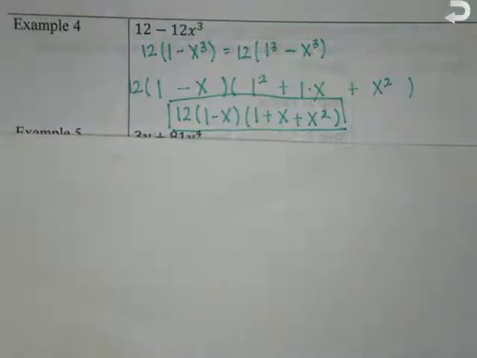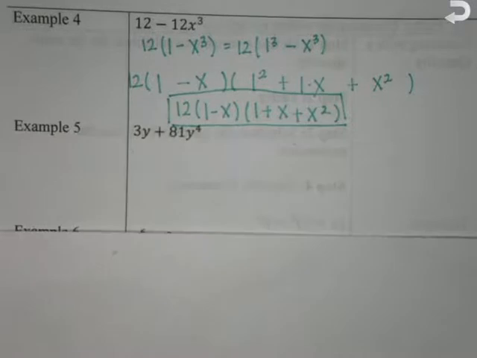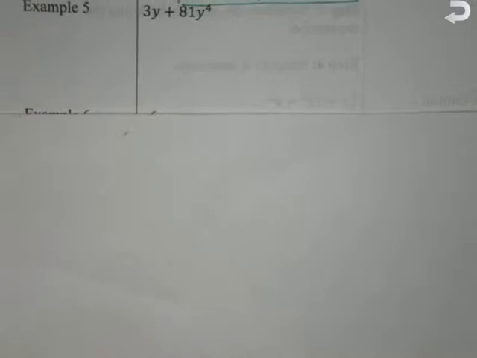Alright guys, example 5. So we have 3y plus 81y to the 4th. Can we take out a GCF? Yes, we can take out a GCF. What would the GCF be? 3y. So let's take out a 3y. That's going to leave me with 1 plus 27y cubed.